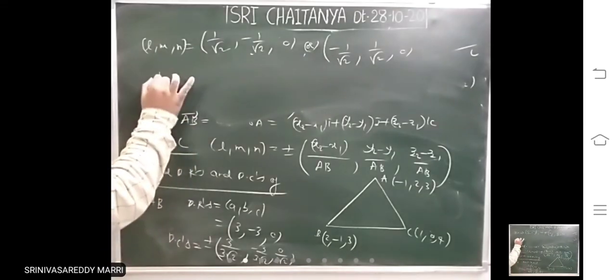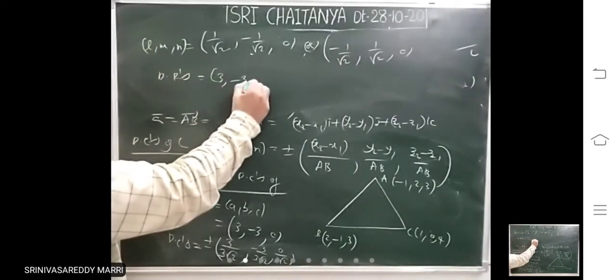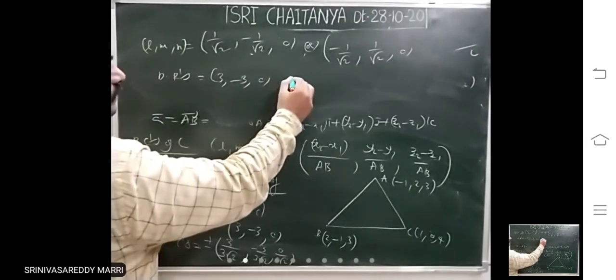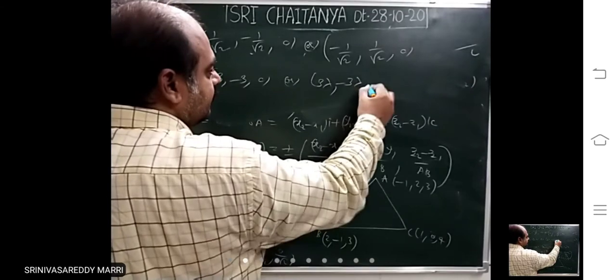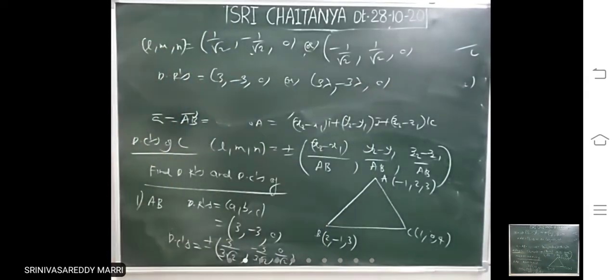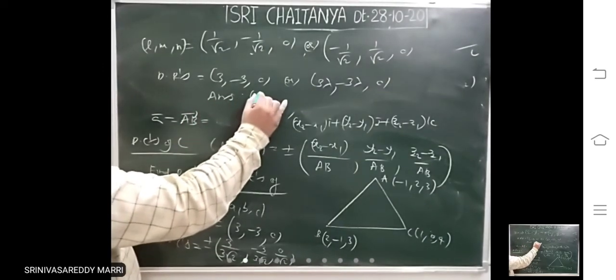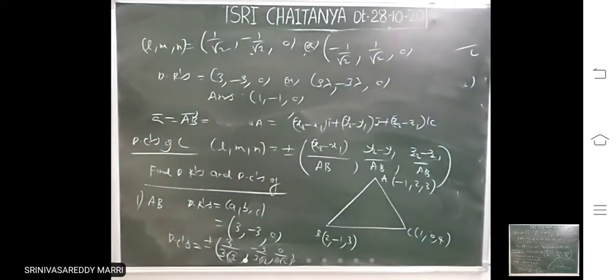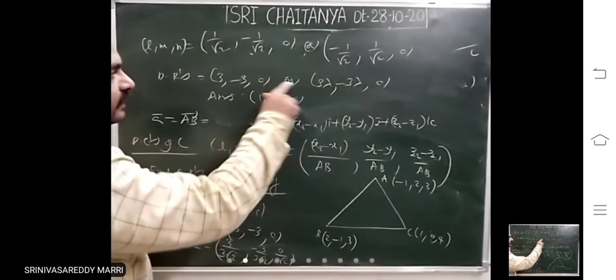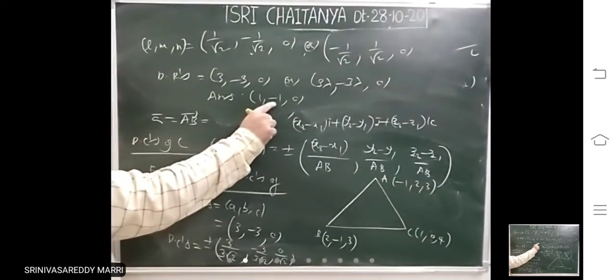Now look at DRs. You got 3, minus 3, 0. Or he can give it like 3 lambda. Suppose the answer is given as 1, minus 1, 0. Is that correct or not? Multiply this with 1 by 3 completely, then you will get 1, minus 1, 0.